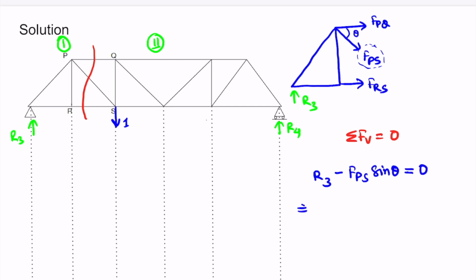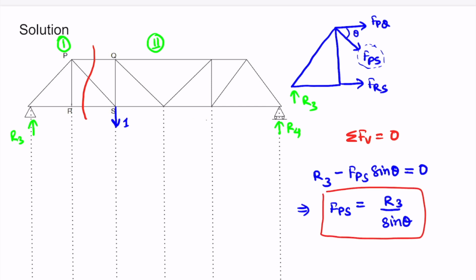From here we will calculate the value of FPS as R3 divided by sine theta. So our value is coming out to be positive, that is in tension.